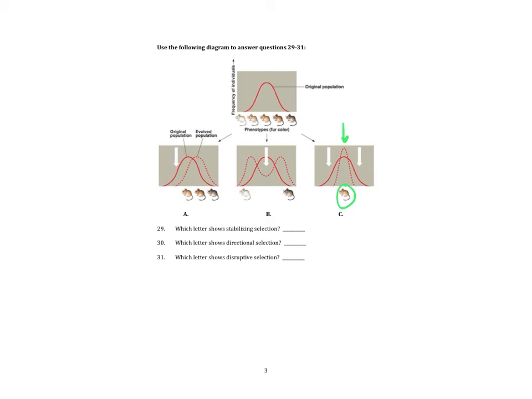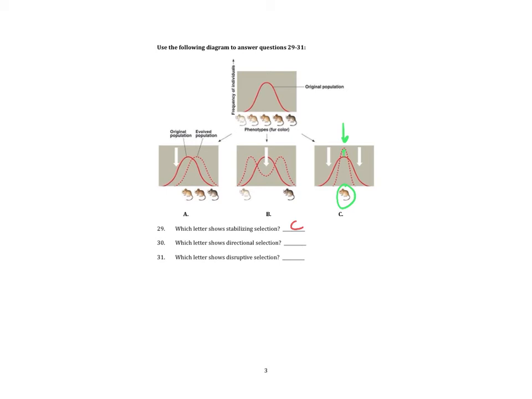And now it's becoming more common because this bell curve is getting steeper. And so that means there's more mice that are the brown color than there used to be. And so those mice become more common. It stabilizes the population and makes the most common color even more common. So that's letter C.